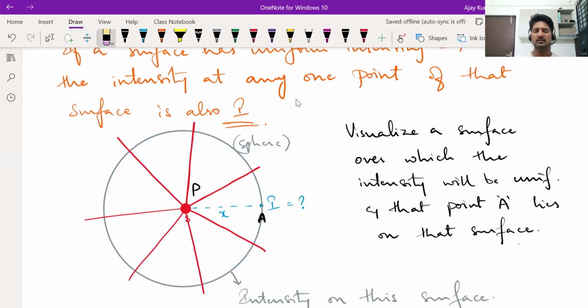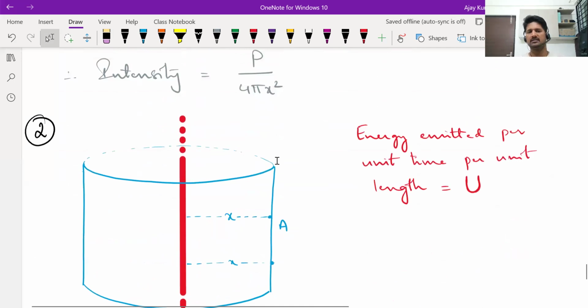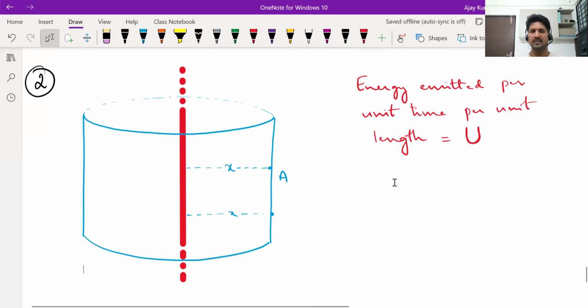If you want to imagine a surface over which the intensity will be uniform, think of the source as a charge and think of the surface as the symmetric Gaussian surface which we used to derive the electric fields. For a long linear charge distribution like this, the Gaussian surface we used is a coaxial cylinder. So if you imagine a cylindrical surface around this source, at every point on that cylindrical surface the intensity should be the same, because every point of that cylindrical surface is equidistant from this source.